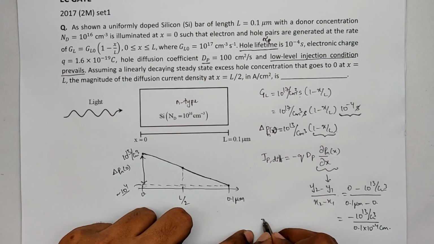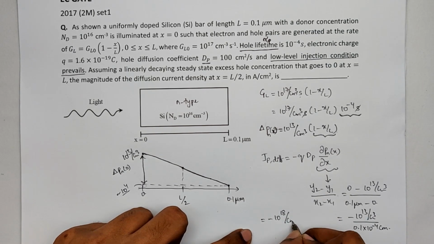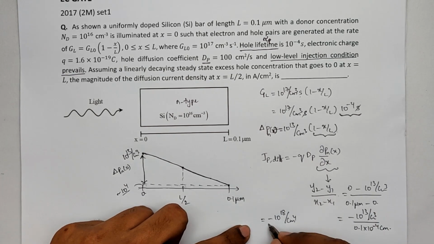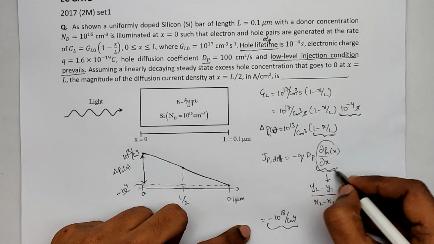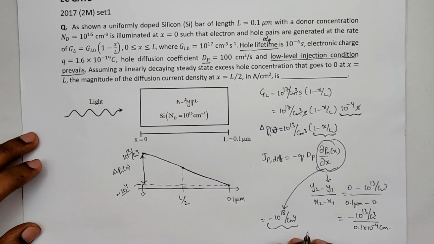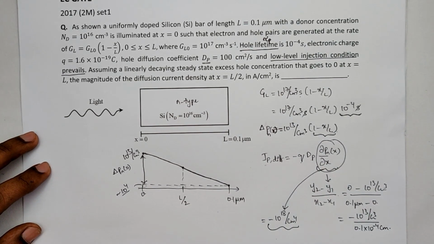This value we can write as minus 10 power 18 per centimeter power 4. Here we can multiply with 10 and 10 power minus 1. Hence it becomes 10 power minus 5 times 1. Take it above, it becomes 10 power 18. So this is the value of this differentiation. We found the slope. Now all we have to do is substitute q, Dp and this value to find what is Jp diffusion.